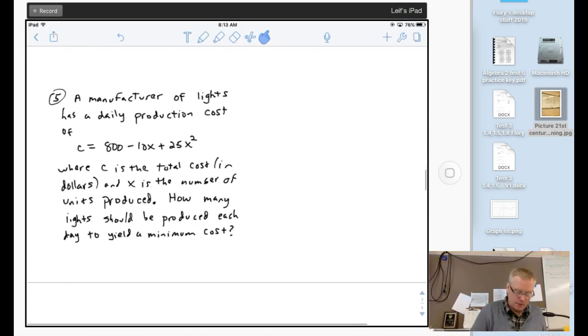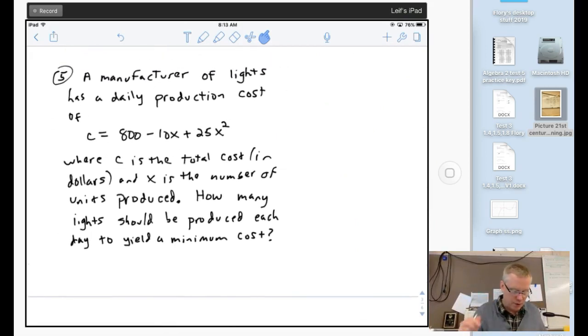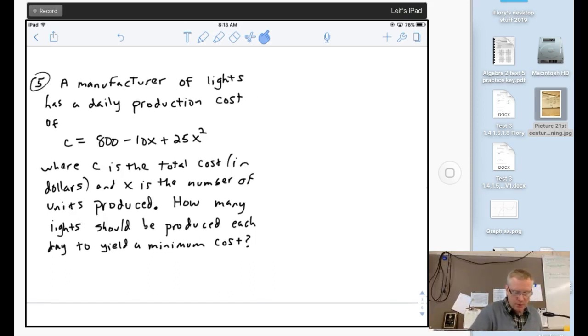Next one. A manufacturer of lights has a daily production cost of C equals 800 minus 10x plus 25x squared, where C is the total cost in dollars and x is the number of units produced. How many lights should be produced each day to minimize cost? Okay, so this one, sometimes a graph helps with these.